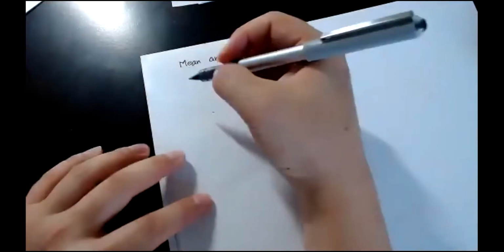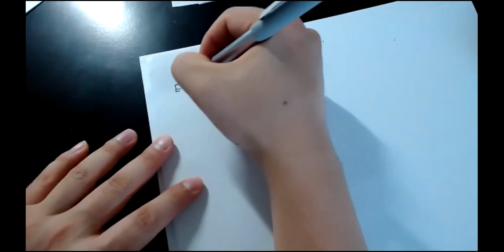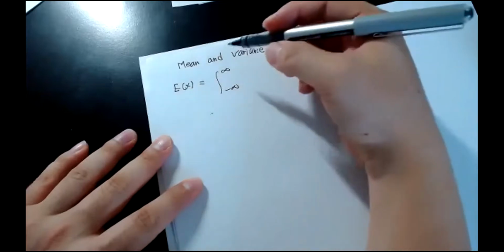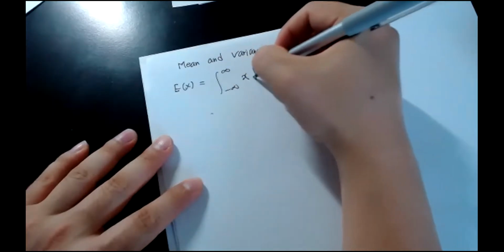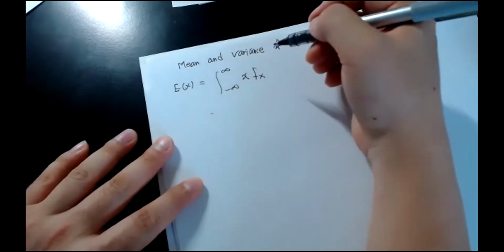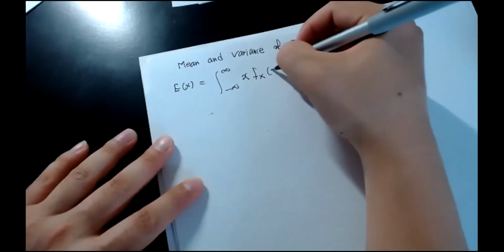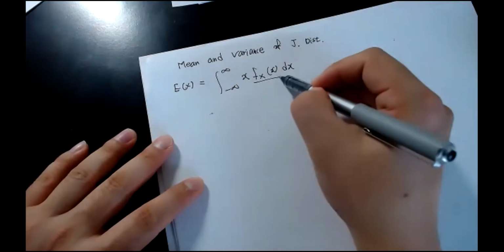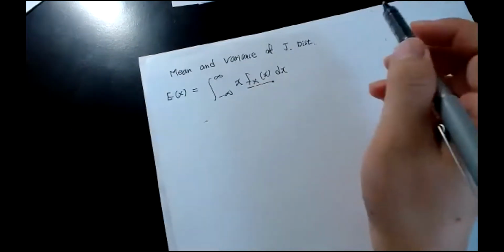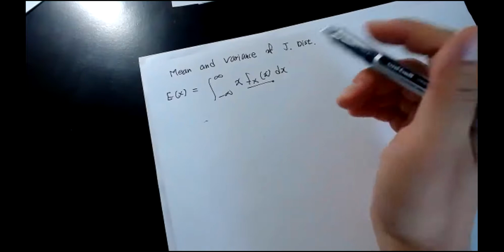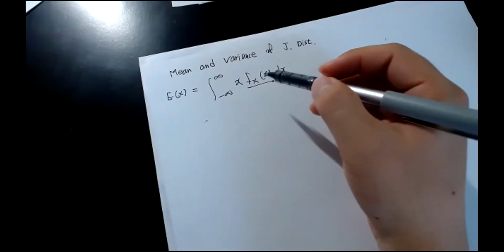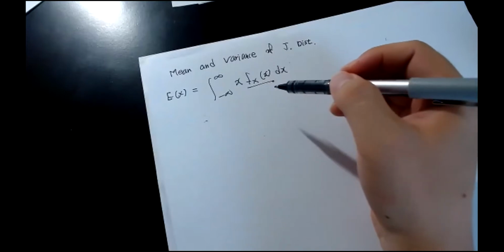Now E of X is equal to the integral from negative infinity to infinity of x times the marginal probability distribution of x, dx. Keep in mind this is for a continuous random variable. The marginal is the integral of the joint PDF with respect to y.